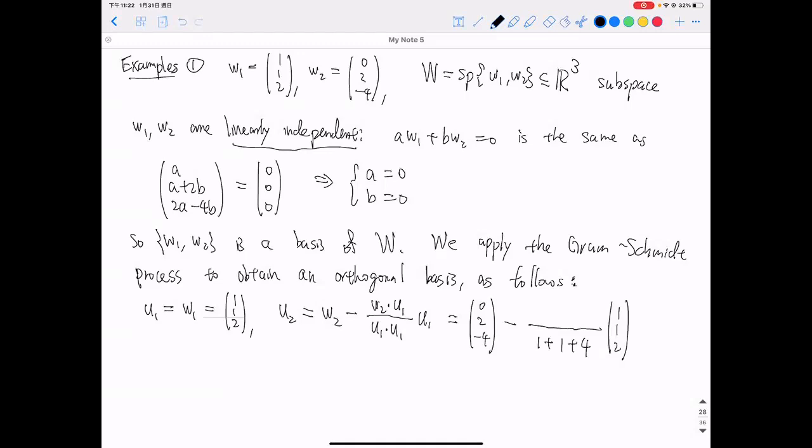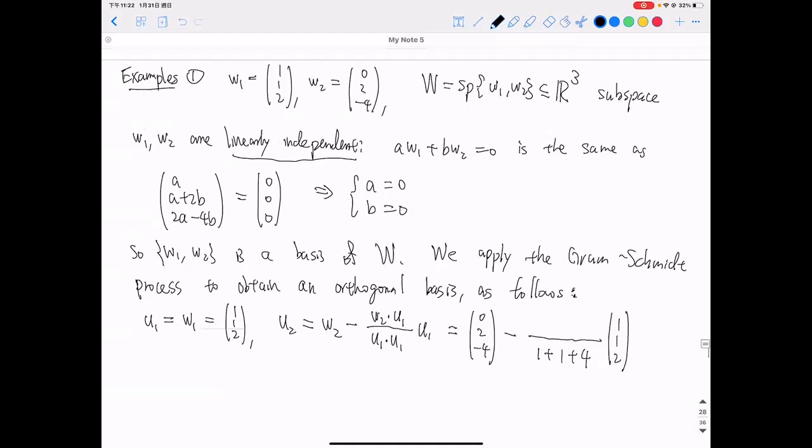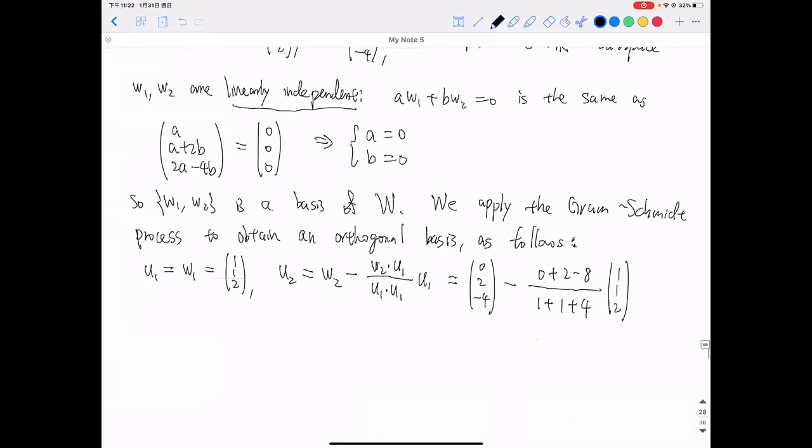W2 dot U1, so that's just W1 dot W2. So that is 0 plus 2 minus 8. So that comes out to be 0, 2, minus 4 minus negative 6 over 6, times 1, 1, 2.